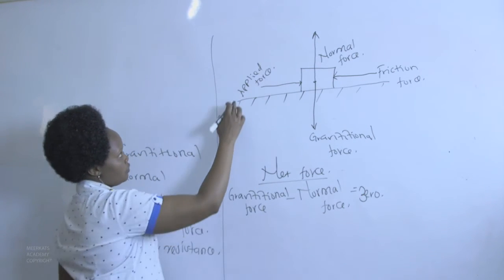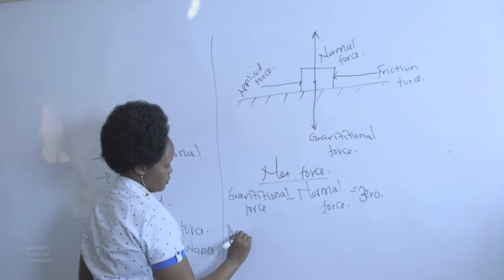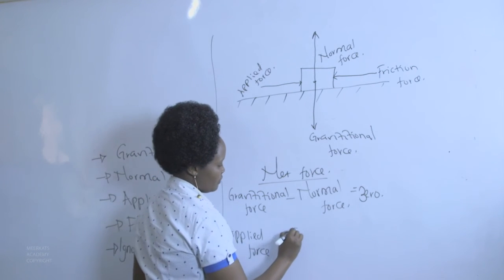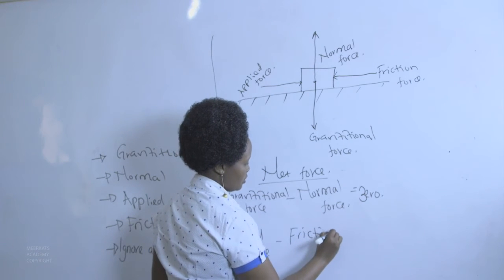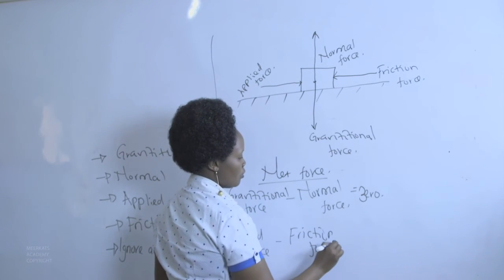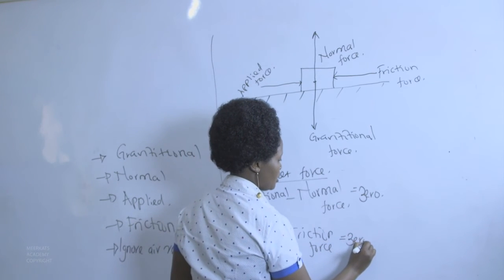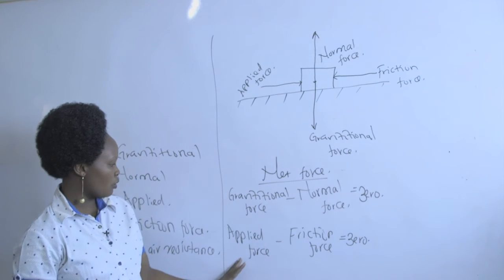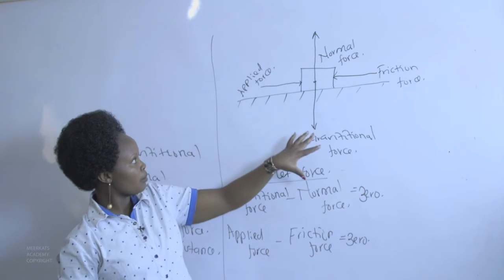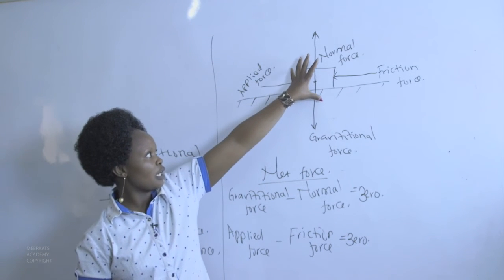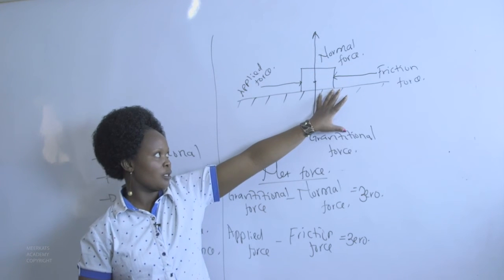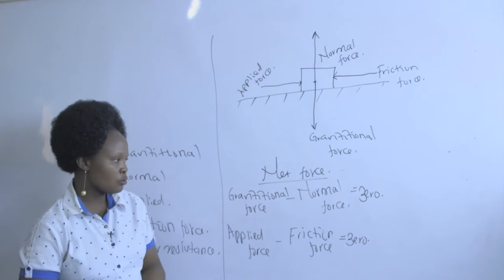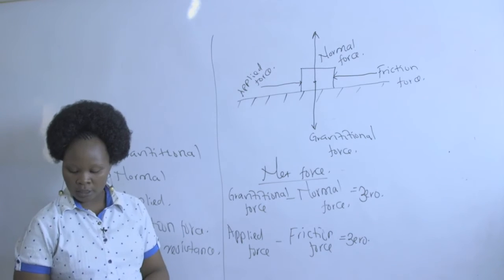Again, if you take the applied force, you subtract friction force. What you get is again 0. Now, when we have 0 in any other direction apart from vertical, then the box can move in whatever direction because it will be actually disturbed in either direction. Any trigger will make it move in any direction.